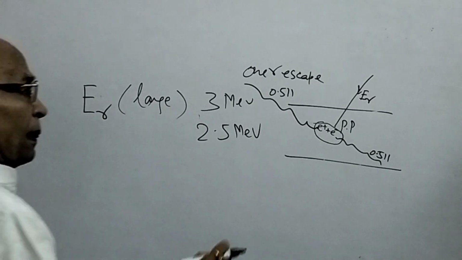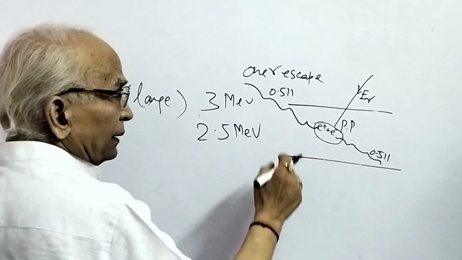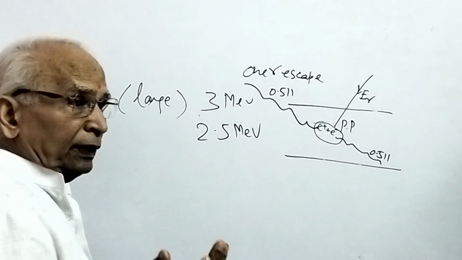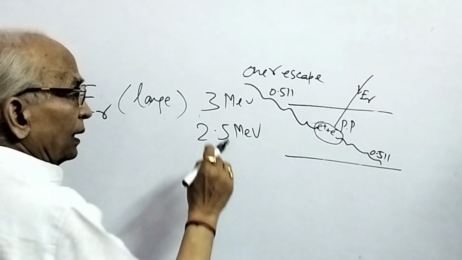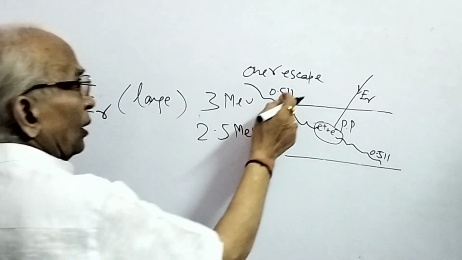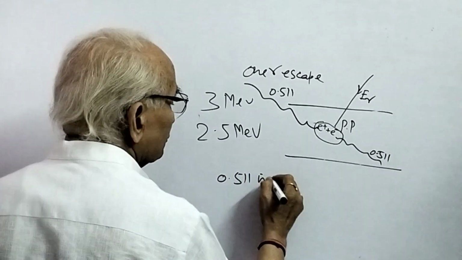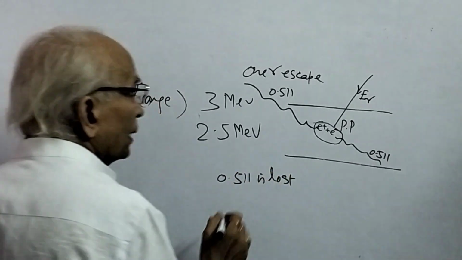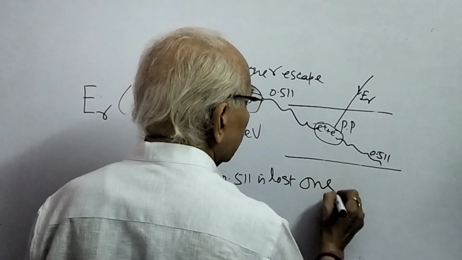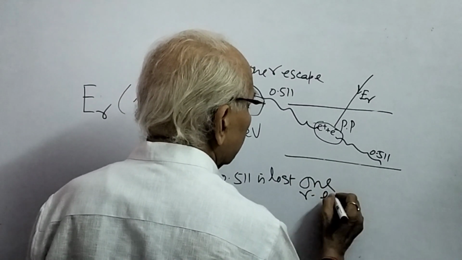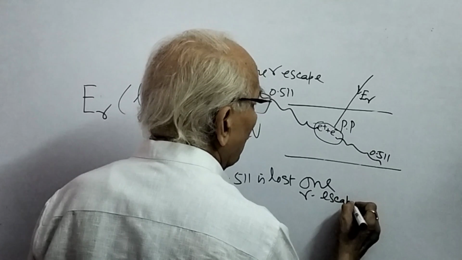If you have energy more than that required to produce an electron-positron pair, then 0.511 is lost. This is called 1 gamma escape, with 1 gamma going out.